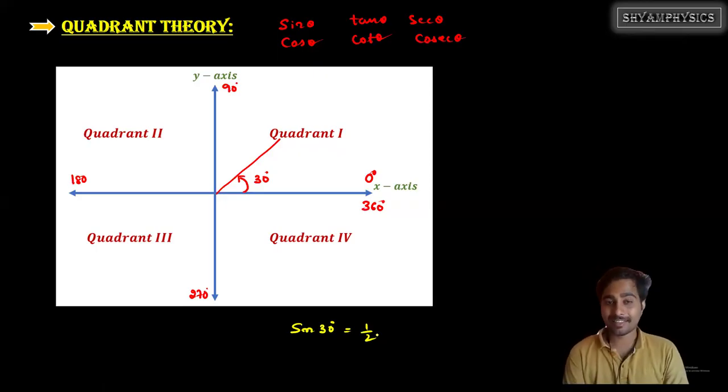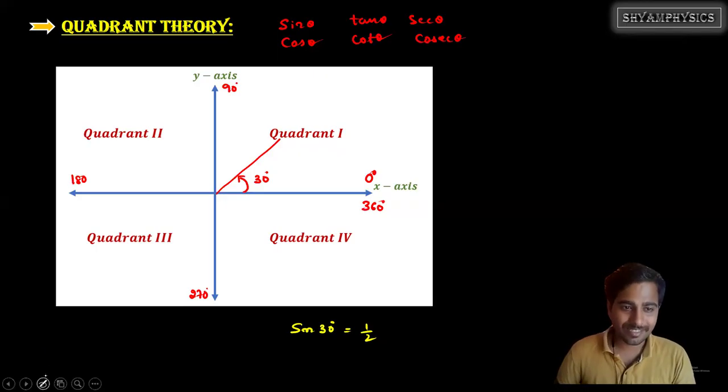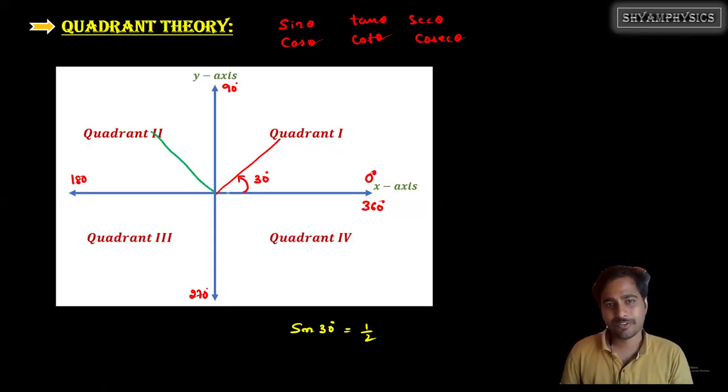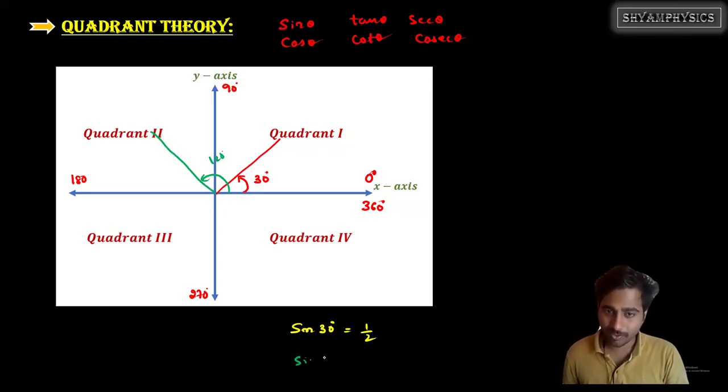Correct? Like that, if the line exists in the second quadrant, for example, here from the x-axis it is making an angle of 120 degree, I will ask, what is sine 120? What is my question now? Sine 120.